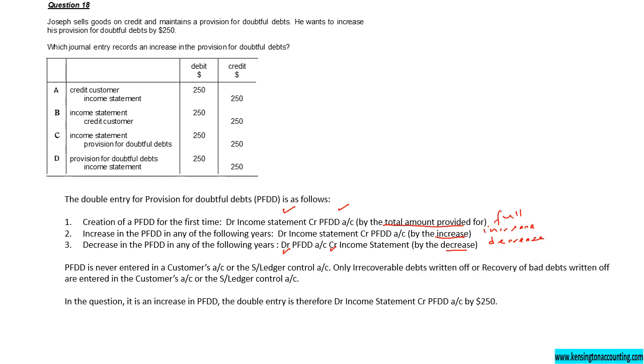Now, coming back to our question, we are talking about an increase by the amount of increase. So it's number 2 here. Therefore, we debit income statement and credit the provision for doubtful debt account by the increase. Therefore, the answer should be C.